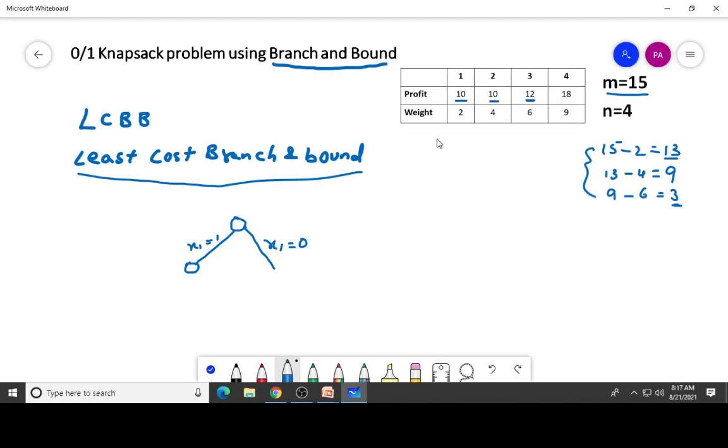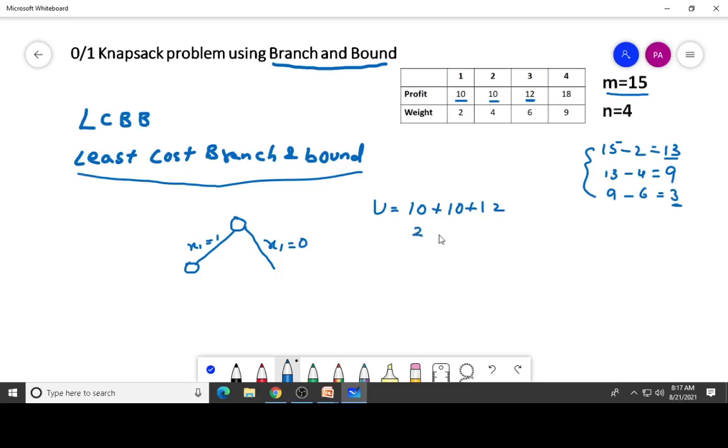So here, what is the cost? As I told you, cost and upper bound we need to find. So what is the upper bound here? Sigma of 1, 2, 3: 10 plus 10 plus 12. And what is the weight capacity?